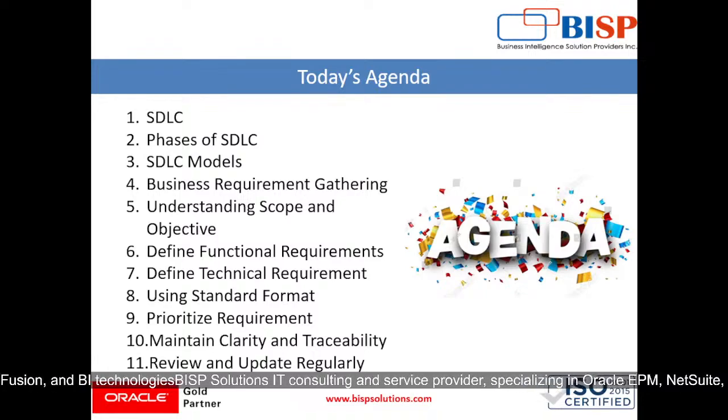So that's why we have to review with stakeholders and update regularly about what we are working on, and what errors we are getting while making any changes in the document. So these are today's agendas.